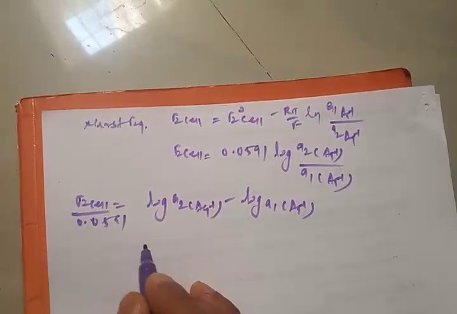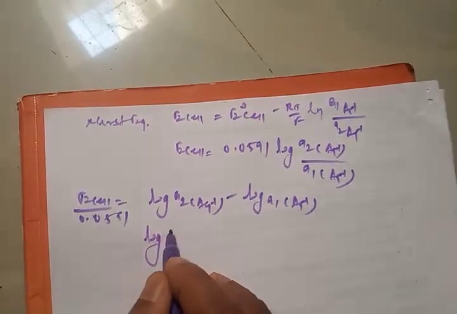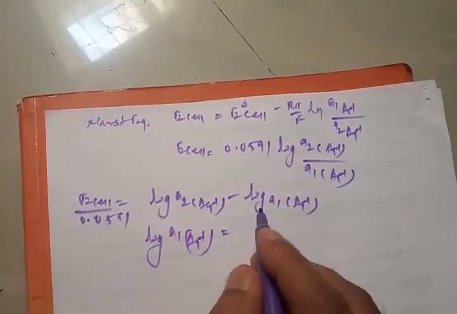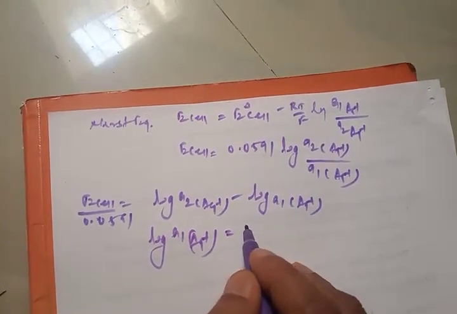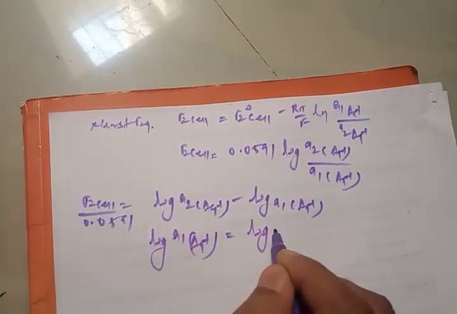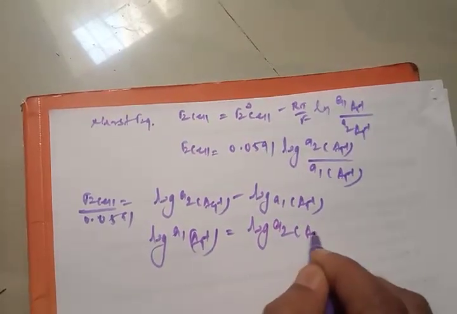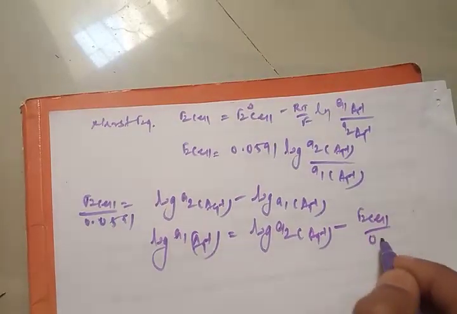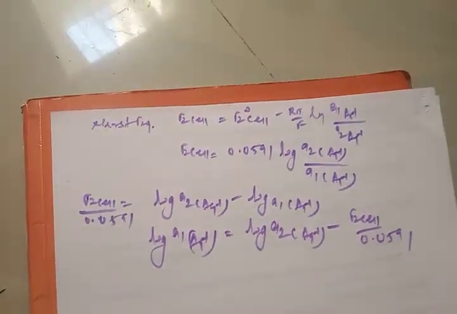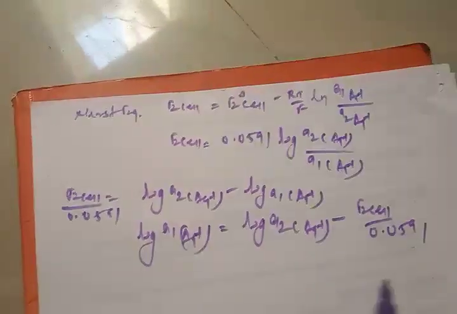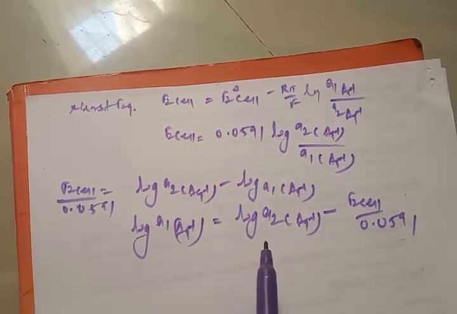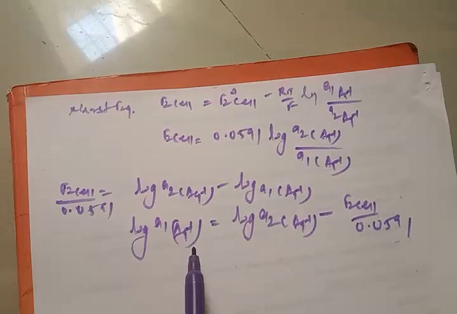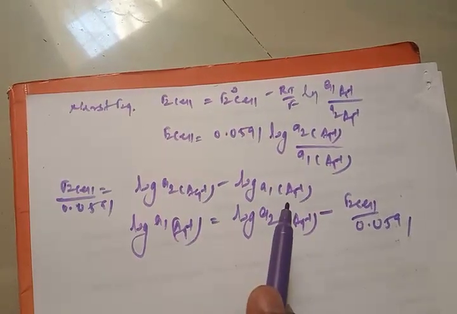So if you go for log A1 Ag plus, what does this equal? This will equal log A2 Ag plus minus E cell upon 0.0591. So by using all the values, E cell, we get A1 Ag plus, which is involved in AgCl.